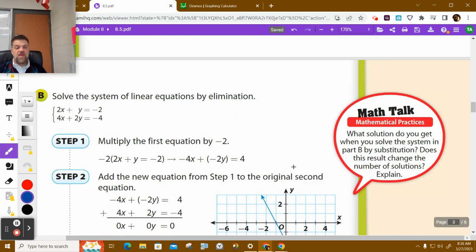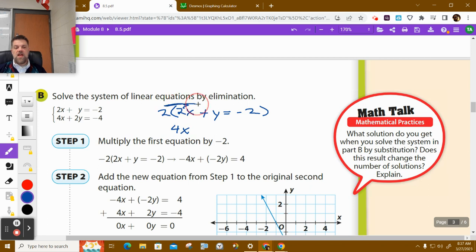And now for part B, it says solve this system of linear equations by elimination. Well, I want to point one thing out. I know that this is infinitely many solutions, because if I take that first equation, 2x plus y equals negative 2, and multiply the whole equation by 2, what's 2 times 2x? 4x.